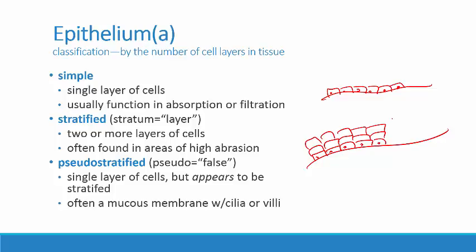And then the third type of layering is referred to as pseudo-stratified. Pseudo means false. So if something is pseudo-stratified, that means that it appears to be stratified, but it's not really stratified. And this is frequently seen with mucous membranes that have cilia or villi on them. And with pseudostratification, here's the basal layer, some of the cells, and they're often columnar cells, some of the cells are clearly, obviously attached to the bottom.